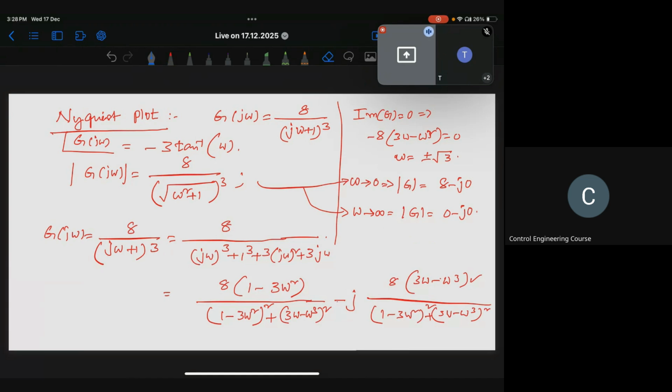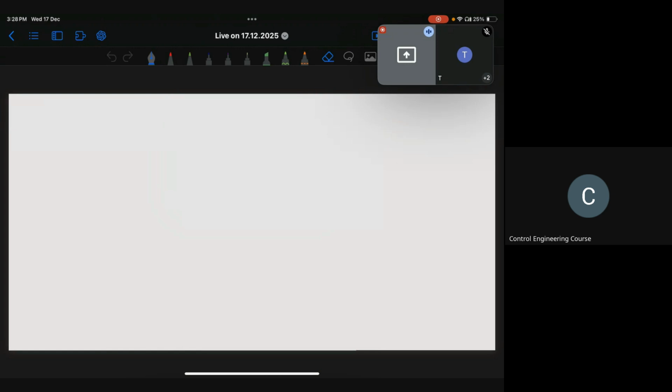Now, for drawing the Nyquist plot, what do you do? You consider the basic image of the Nyquist plot, with the real axis and the imaginary axis. You'll have the plot something like this, with points A, B, C, D, 0 plus, infinity minus, 0 minus, and the arrow marks go like this.